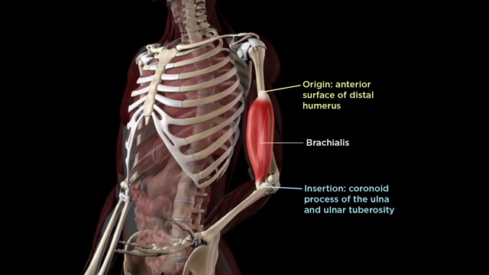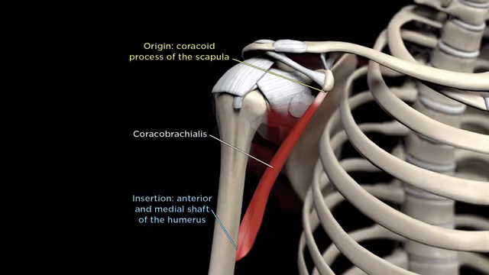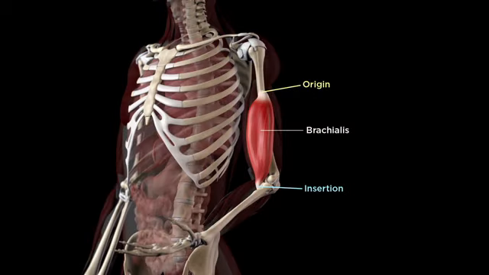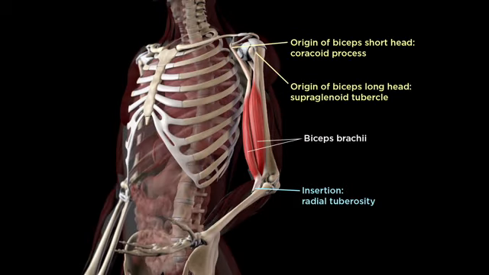Now, the brachialis should really get top billing as the main flexor of the elbow, and that's its only function. We didn't mention brachialis with the shoulder because it's the one muscle of the three in the anterior arm that does not cross the shoulder. The coracobrachialis crosses only the shoulder, the brachialis crosses only the elbow, and the biceps brachii crosses both.